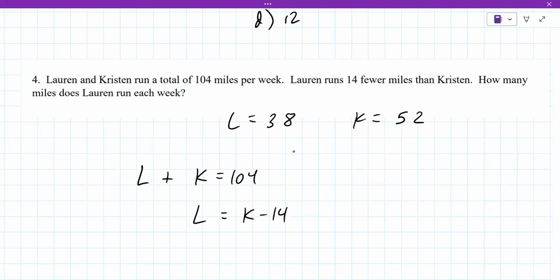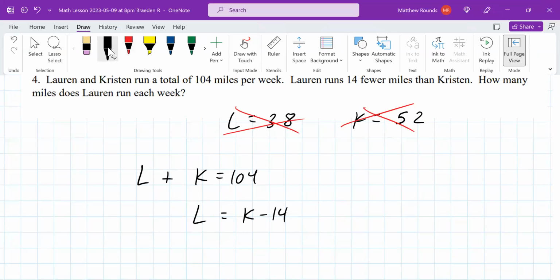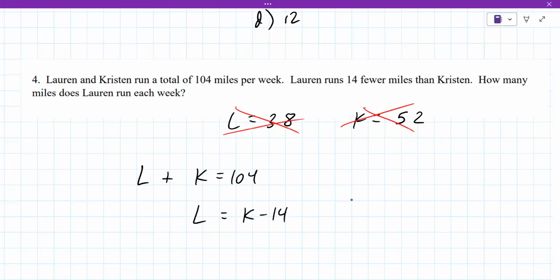So then K equals not 52, but 64. So then Kristen will run 64, which means Lauren runs 50. Well, 50 plus 64 does not equal 104, it equals 114. An extra one in there.